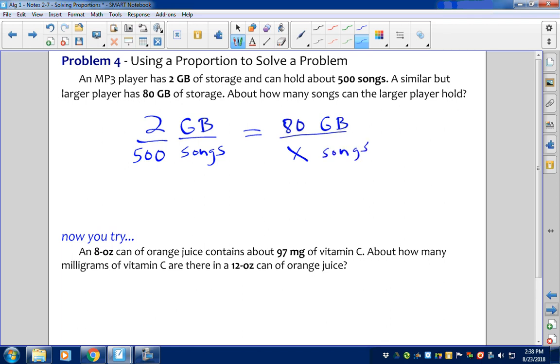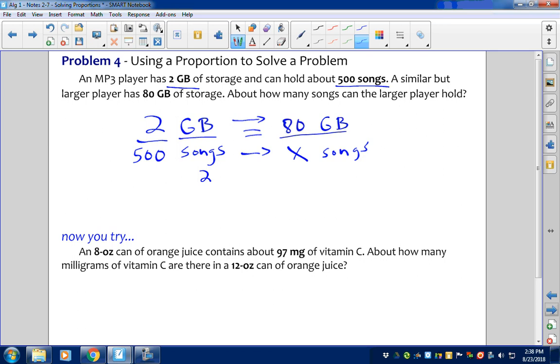These guys are buddies, these guys are buddies, right? We have gigabytes on the top of the fraction and songs on the bottom. And when we set it up over here, we also make sure it's gigabytes on the top, songs on the bottom. As you read through this, you can usually pick up the first 2 numbers to make one of the ratios. And then the third number is going to be paired with the x, okay?